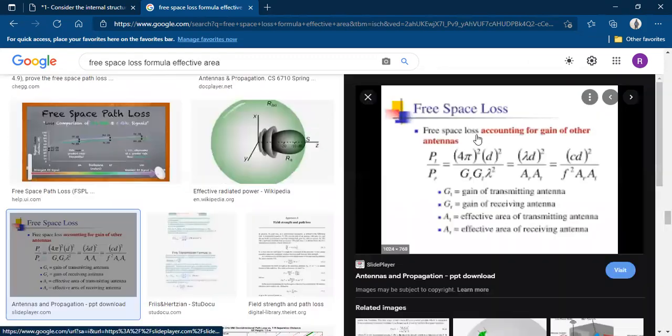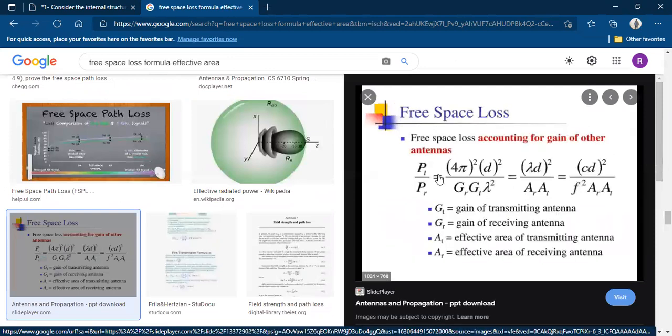Okay, we have this particular free space loss model formula, right? Like I was saying, free space loss accounts for the gain of the antennas. Basically, the free space loss formula is the power transmitted divided by the receiving power, so it is vice versa of what we have in our formula.